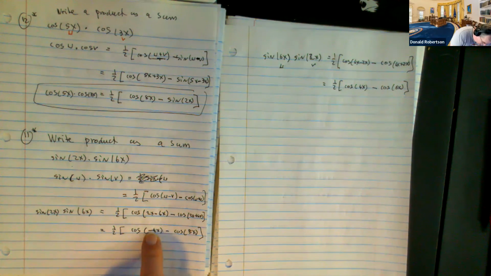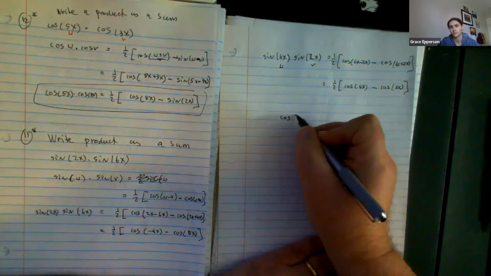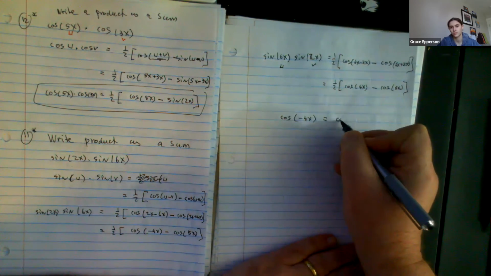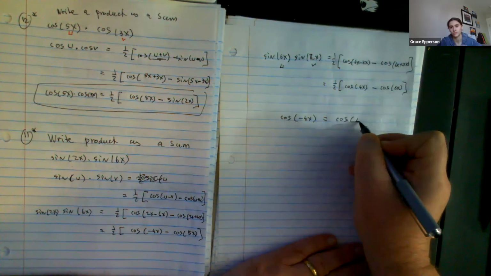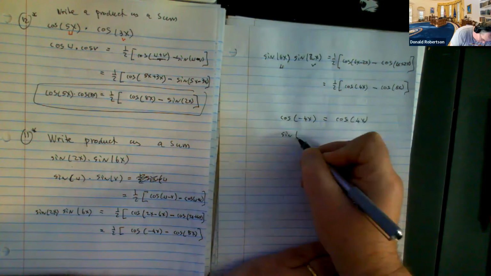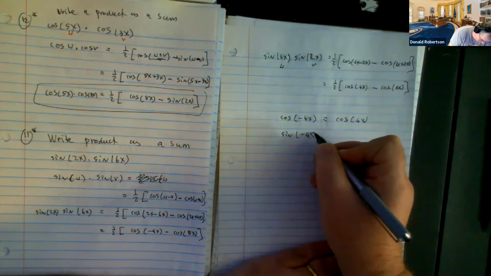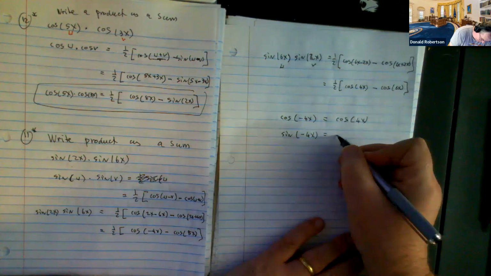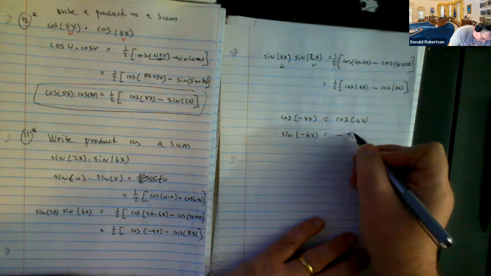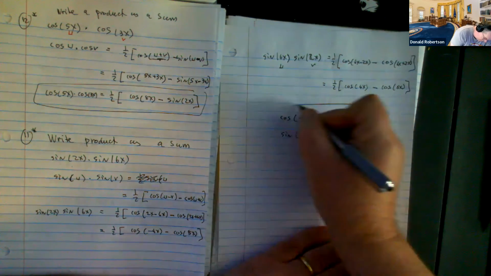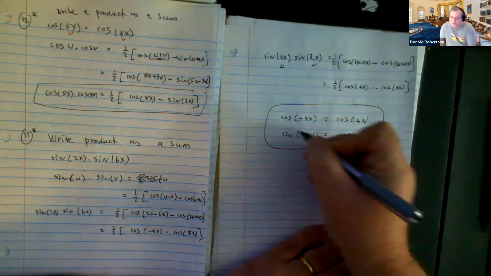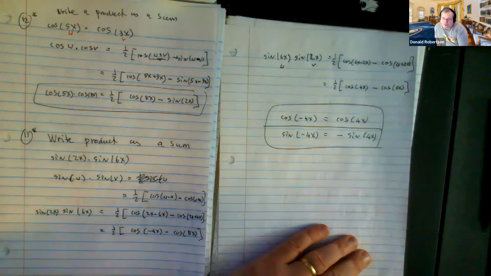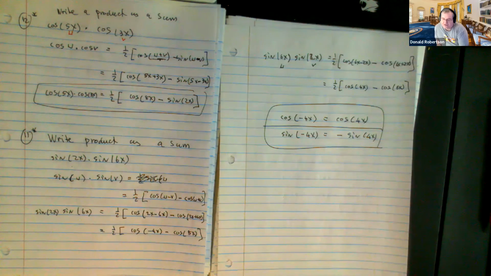The second way is to just know the following. Because the only two guys it's going to happen to are sines and cosines. So I'm just telling you that the cosine of a negative angle is the same number as the cosine of the positive version.